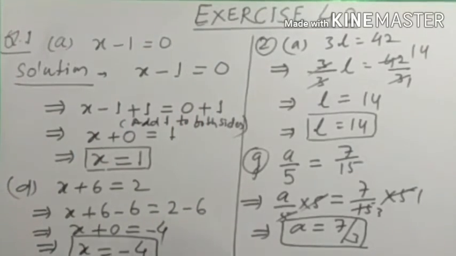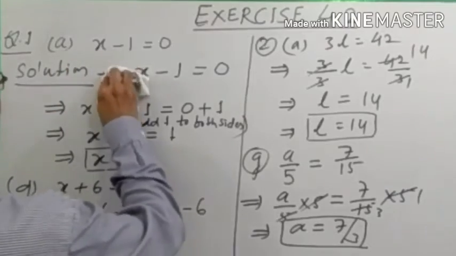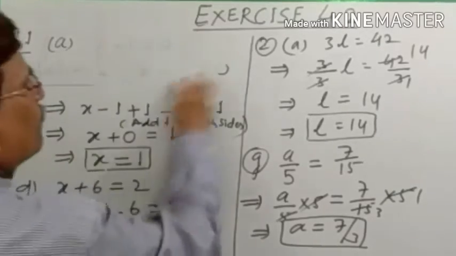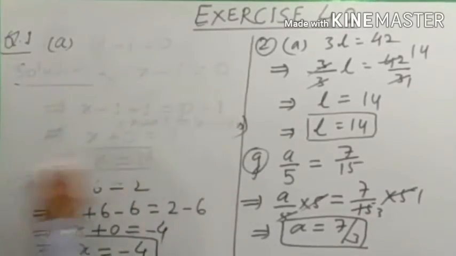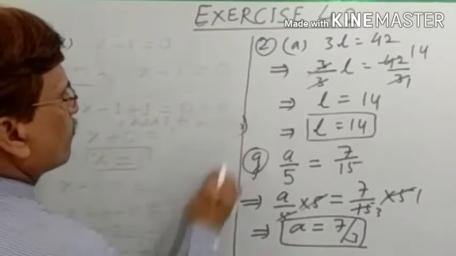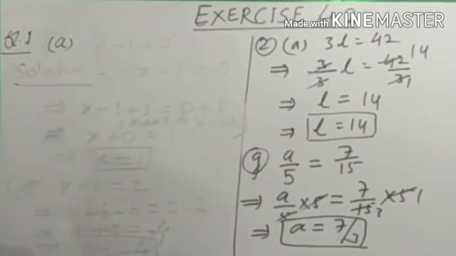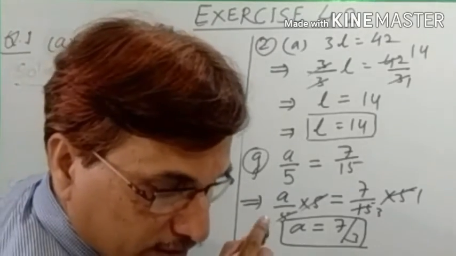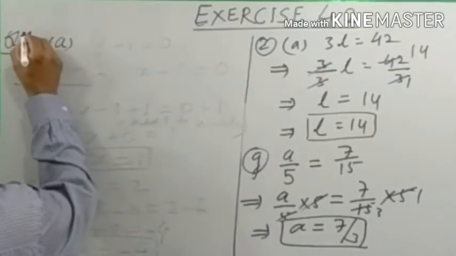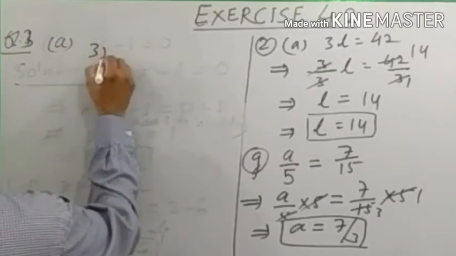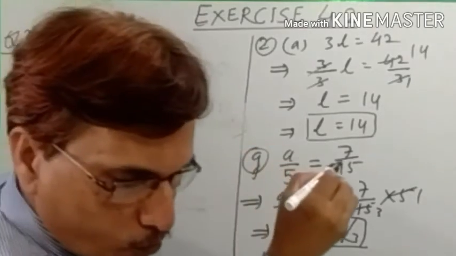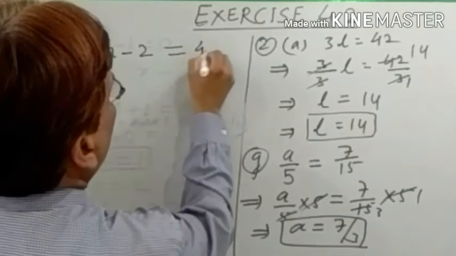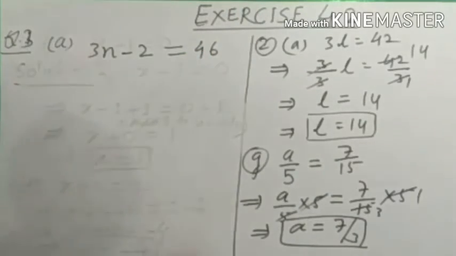Now question number third. 3n minus 2 is equal to 46.